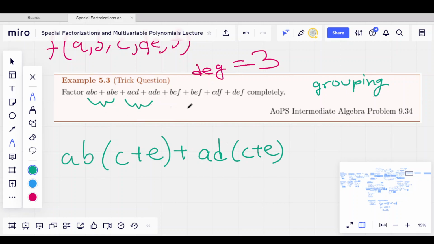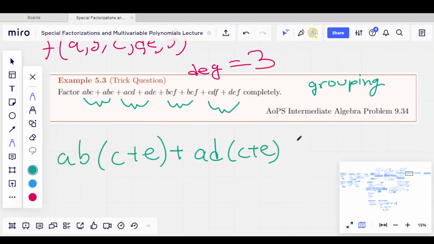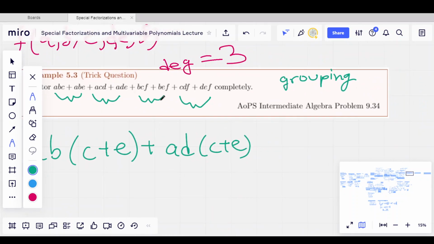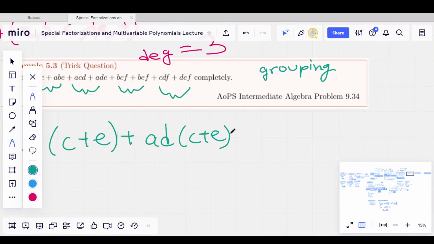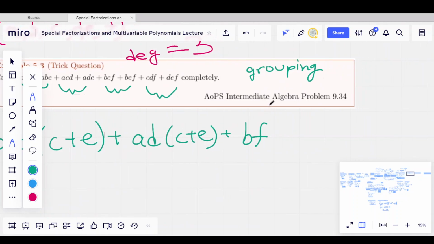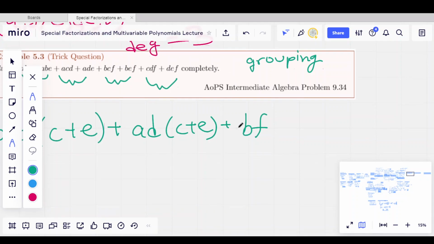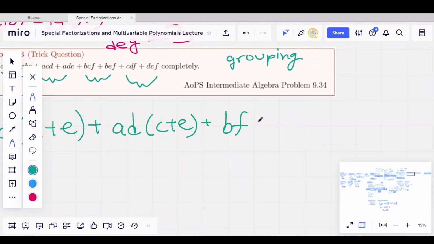So, like that, like that, like that. And then BC, we can actually factor the BF. And then here you have the CF. So C plus C.